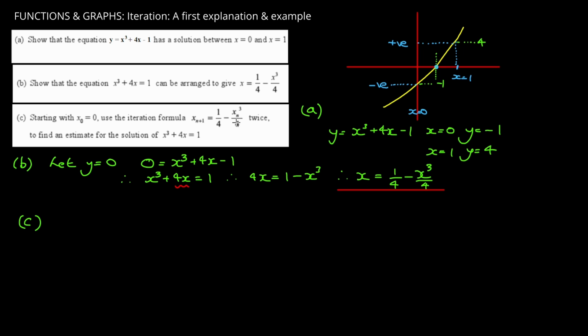So here's the iteration formula, and all they've done is transform the x to the new value, and transform the x cubed to the old value. It's written this way. Why do we do all this end business? Well, we're going to produce a series of results. They've only asked us to go around the loop twice, so we're only going to go up to x2. But this could be a series of results getting closer and closer to the root.